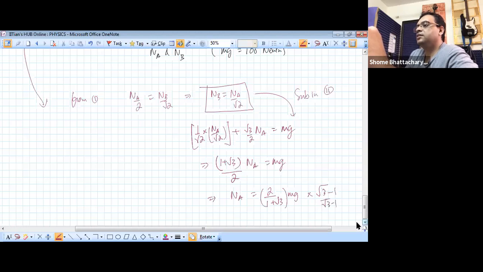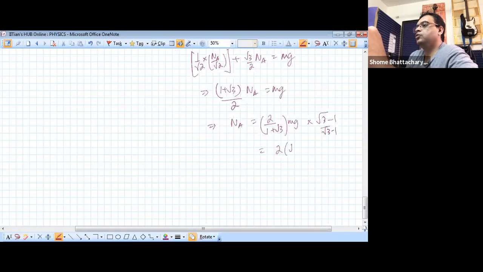That's simple, the rationalize-the-denominator concept. So this will become 2 into root 3 minus 1 upon 3 minus 1, using a square minus b square, times mg. So as usual, this is what we got. So 0.73 into 100, approximately 73 newton. The same value we got earlier.